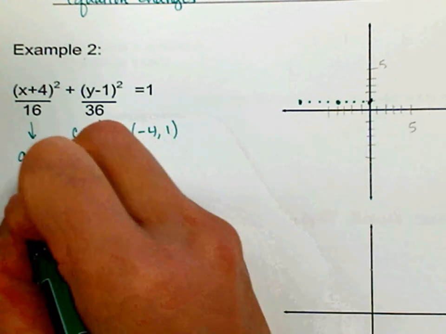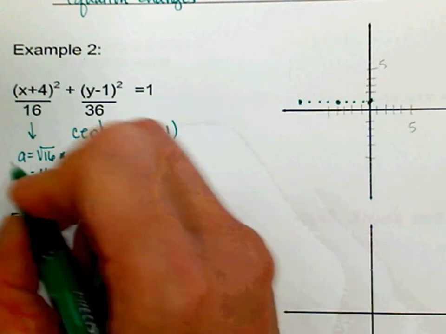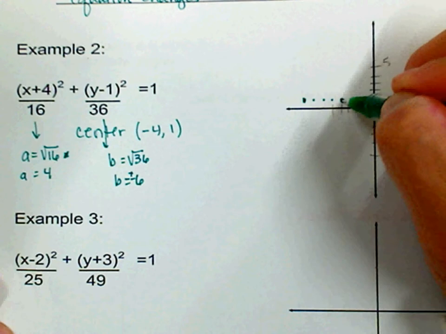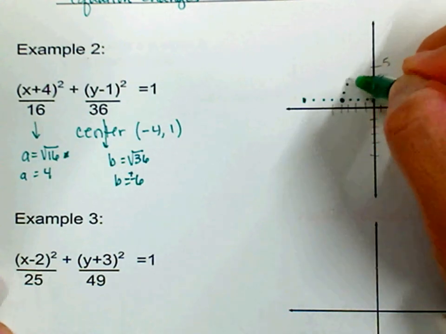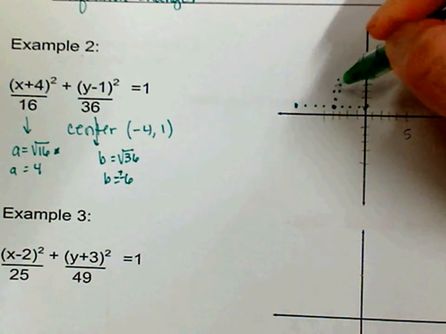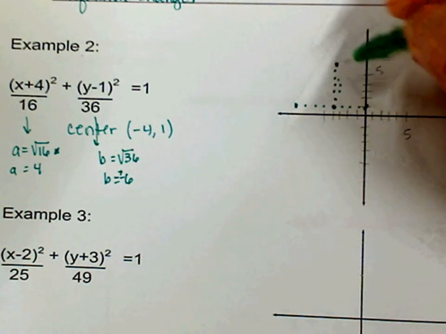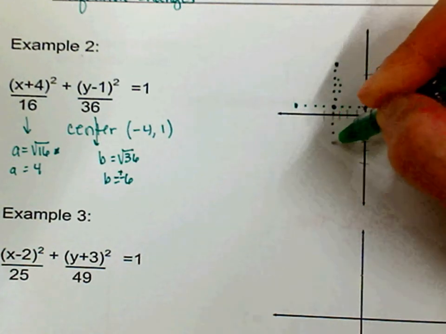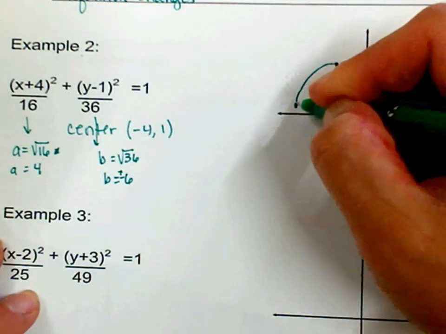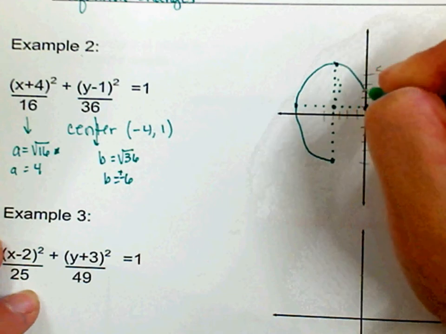You don't have to write plus or minus because it's a distance. So from your center, I'm going to go up 6. 1, 2, 3, 4, 5, 6. Oops, that's crooked, so sorry. And there you have your ellipse. Well, that looks terrible, but okay.